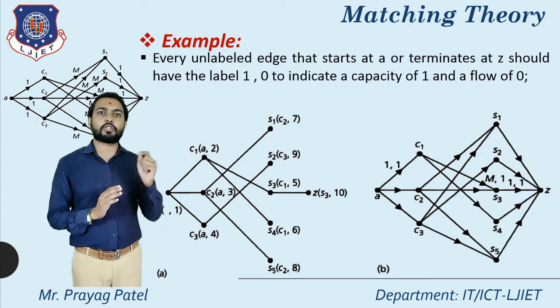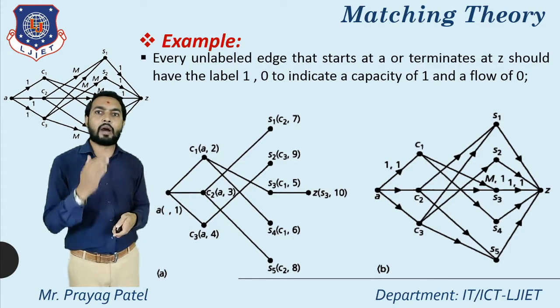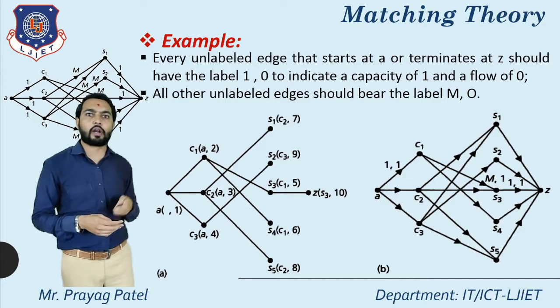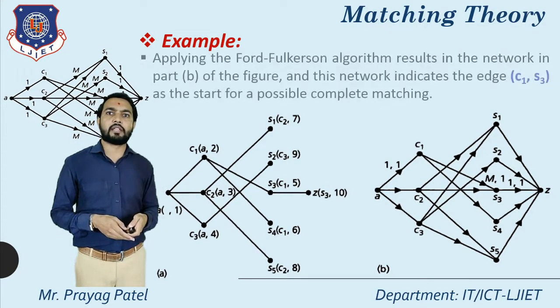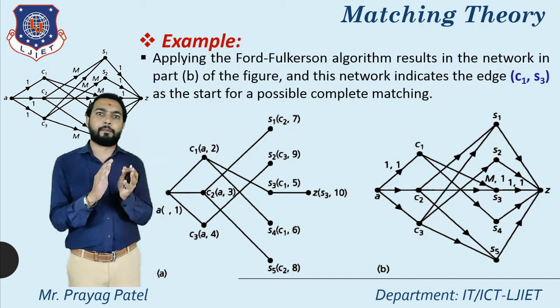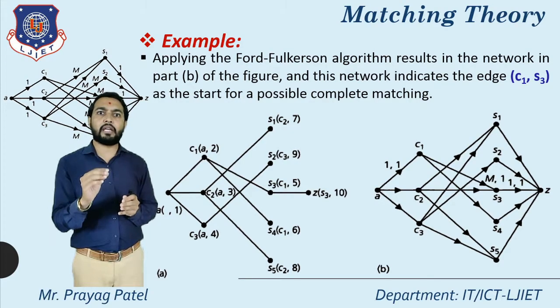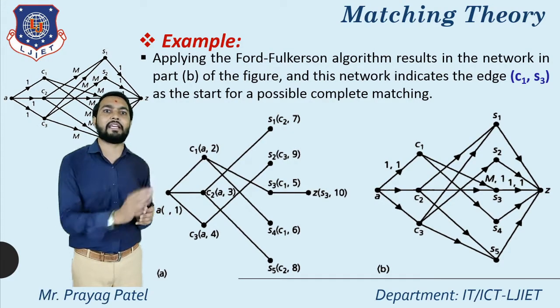So this A to C1 and S3 to Z is considered as a blocked line. Now after that, consider another sequence. Here already we select the one relation C1 to S3. That means C1 committee assigned to the student S3.